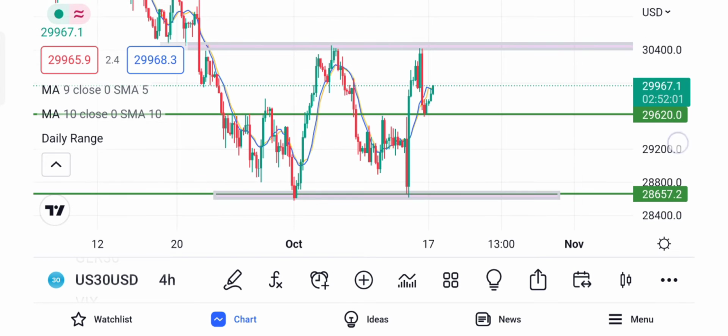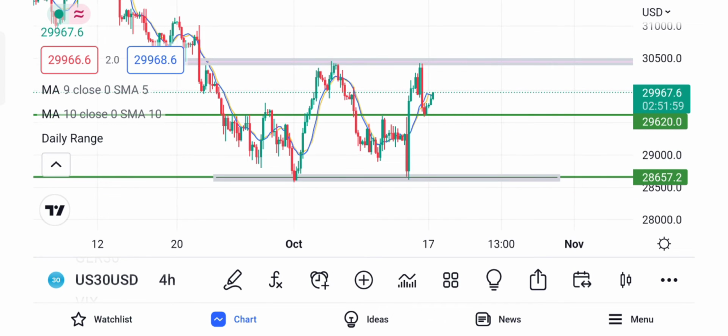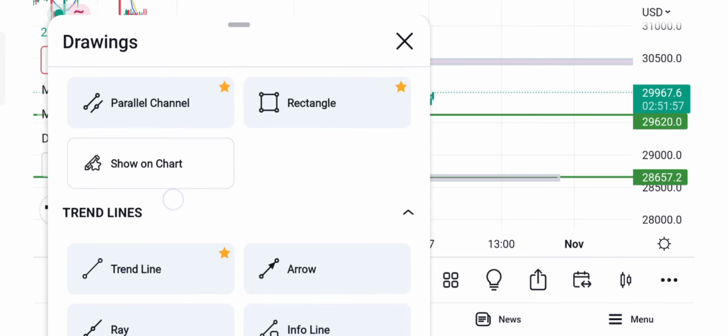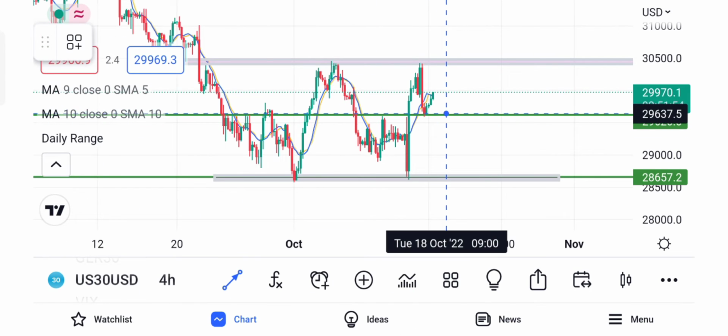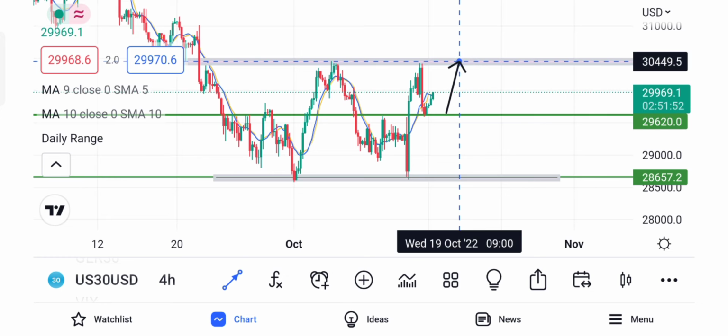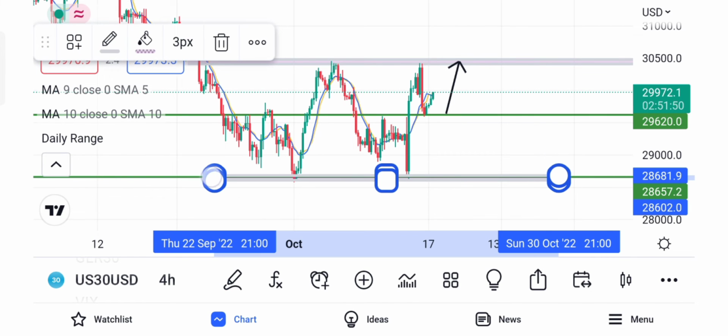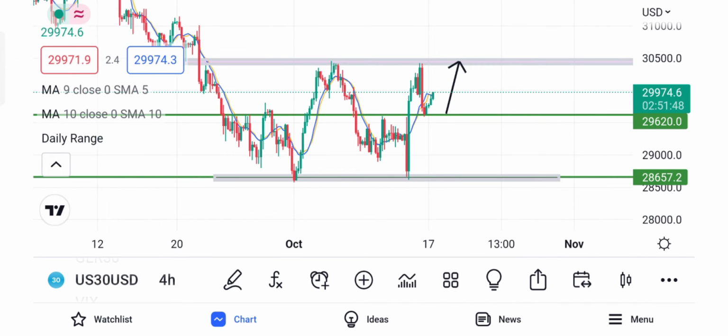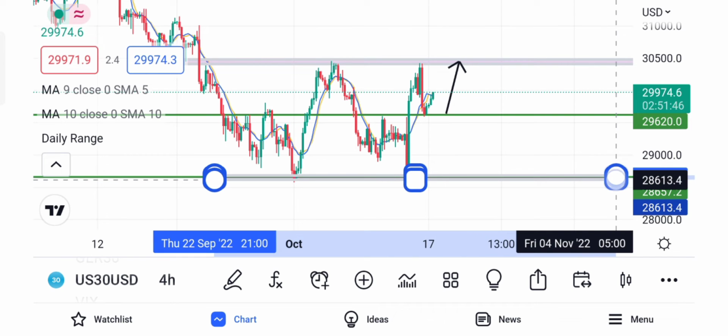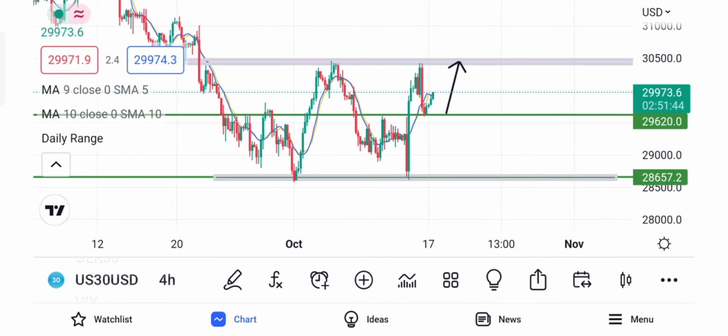So this is what we're gonna do. As you can see, the market is expected to come to this level right here where it's consolidating, because this is the consolidation range. These two gray lines are our consolidation range where the market is consolidating. It gave us a double bottom, and now it gave us a double top.